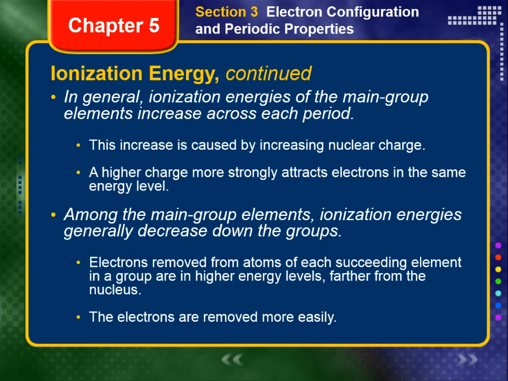To avoid the influence of nearby atoms, measurements of ionization energies are made on isolated atoms in the gas phase. Figure 5-15 on the next slide, and shown in your textbook on page 143, gives the first ionization energies for the elements in kilojoules per mole.